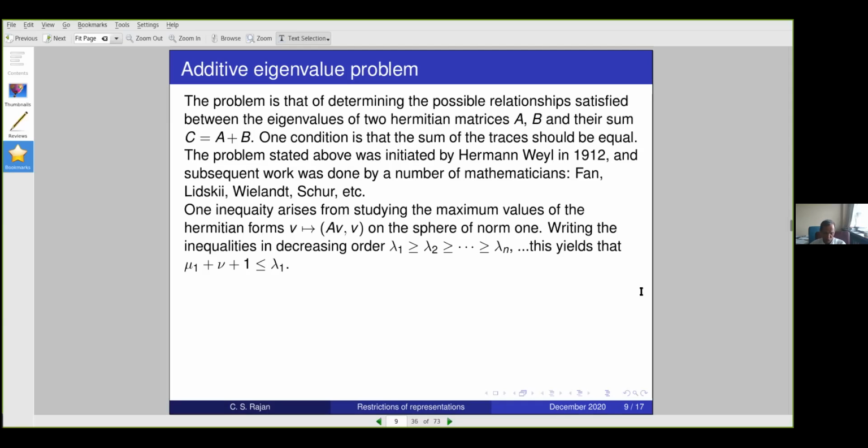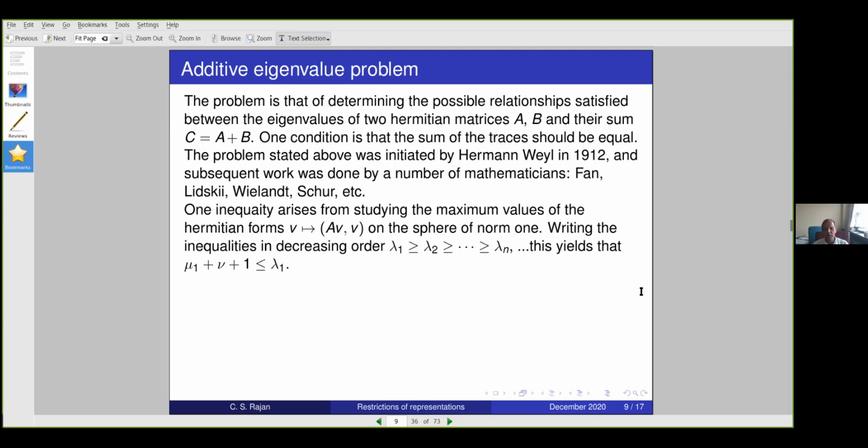Before going to these general conjectures, let me say how the various inequalities arise. One inequality arises from studying the maximum values of Hermitian forms. The Hermitian form (Av, v) gives you a Hermitian form on the vector space V, and you look at the maximum on the sphere of norm 1. The value is known to be the maximum of the eigenvalues, because the eigenvalues of Hermitian matrices are real.